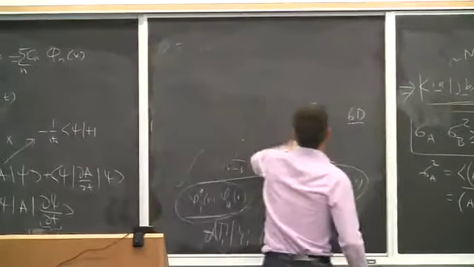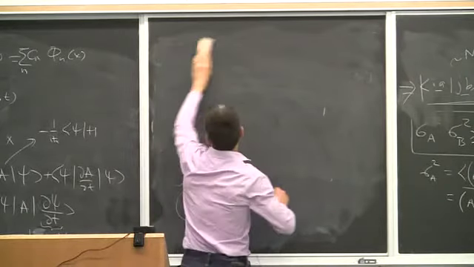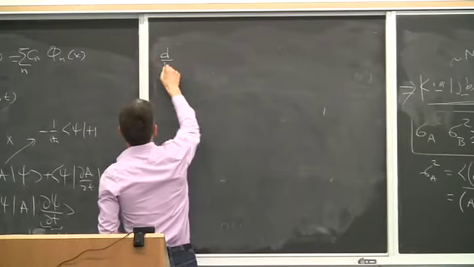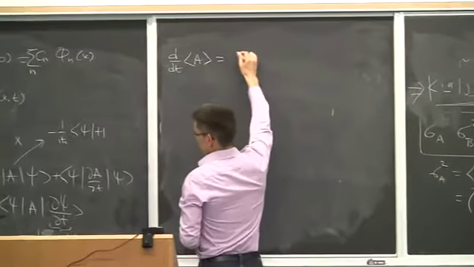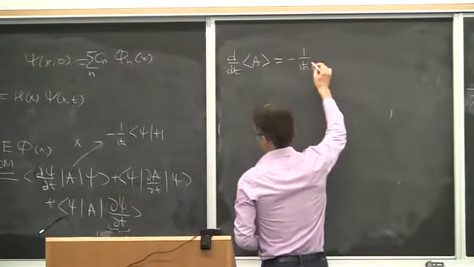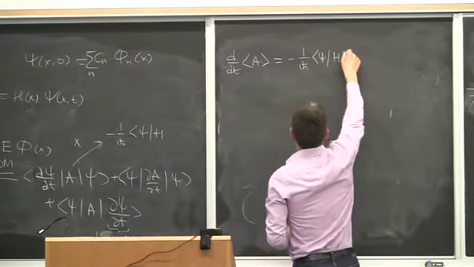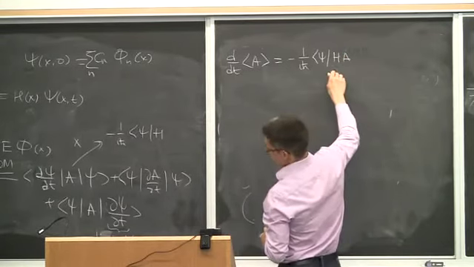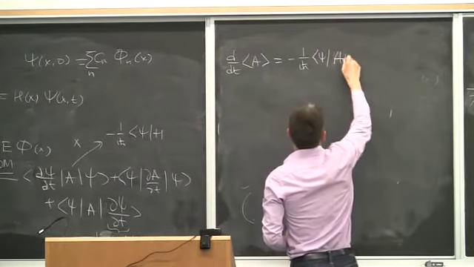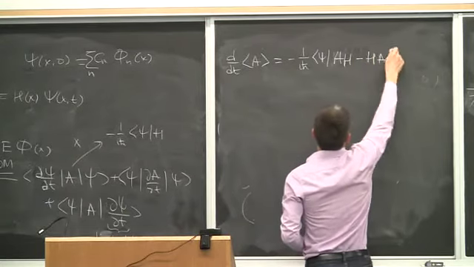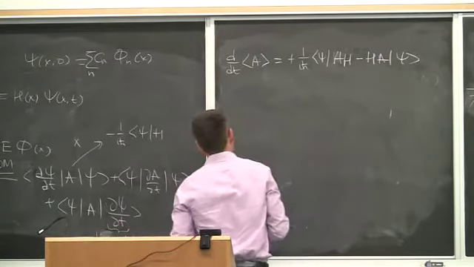And then the final result can be formulated as d over dt of the average equals 1 over i h bar, this one will go with minus, so let me write then A H minus H A, plus here, right.